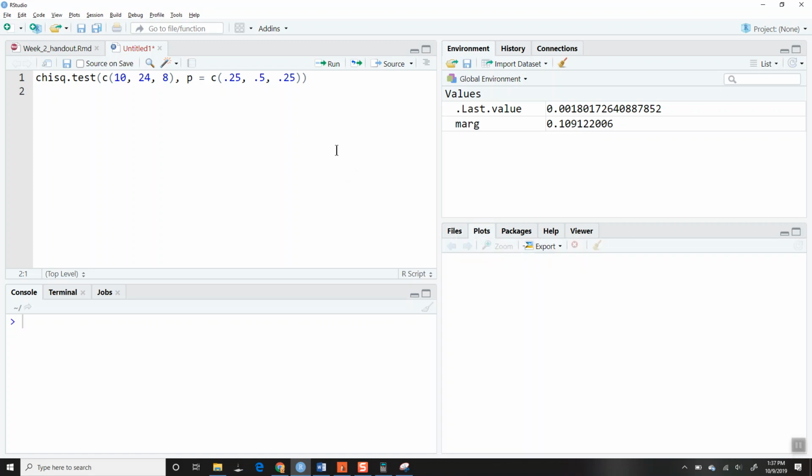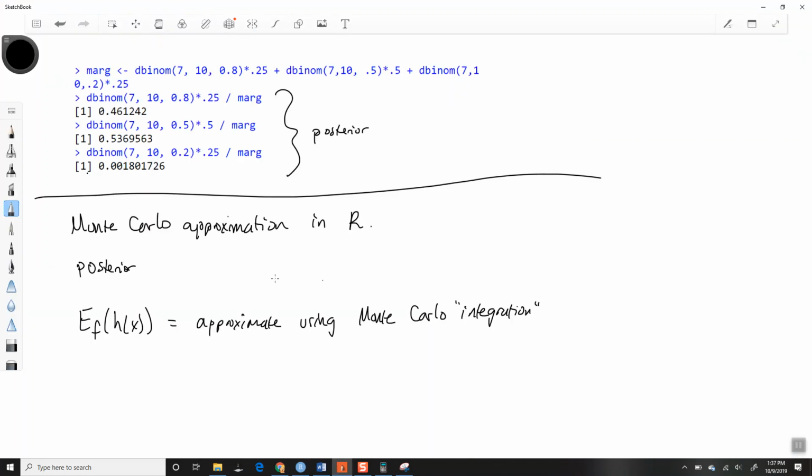One is you can do runif. This is not the recommended way to go. So we can do x as runif, a random number. And then this is for p equals 0.8, this is p equals 0.5, and p equals 0.2.